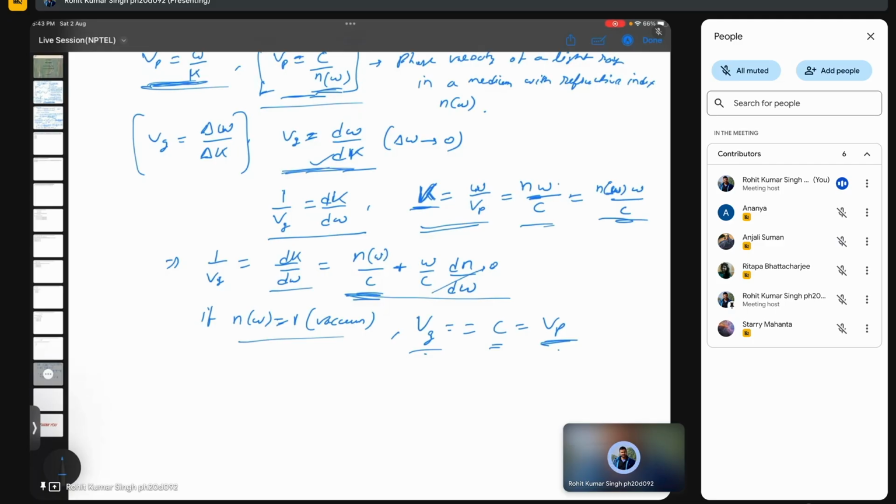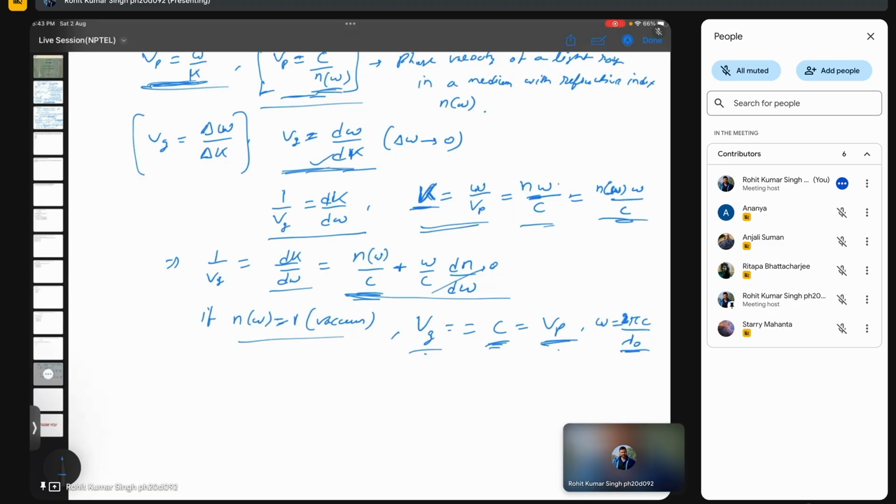In terms of the speed of light in vacuum, you can write omega as 2 pi c by lambda naught, where lambda naught is the wavelength of light in vacuum.